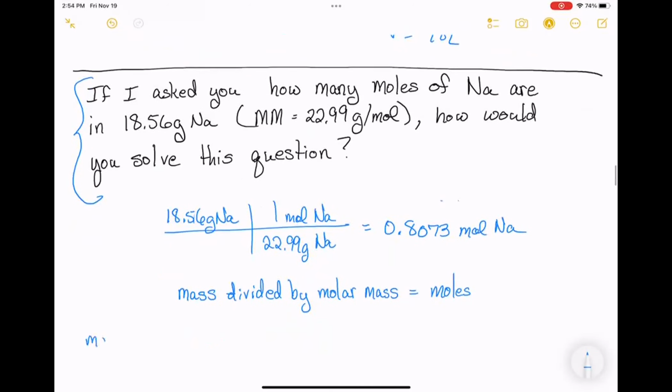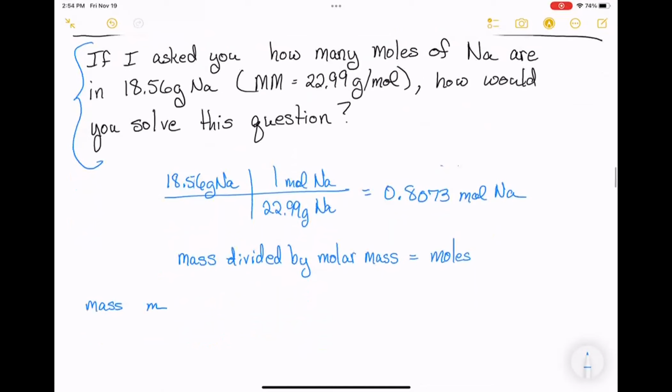So if we say mass is equal to little m and molar mass is a double M, and moles, we use the same variable we've been using, n, then we would say n is equal to the mass divided by the molar mass.